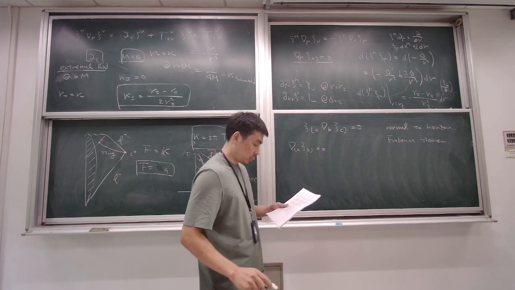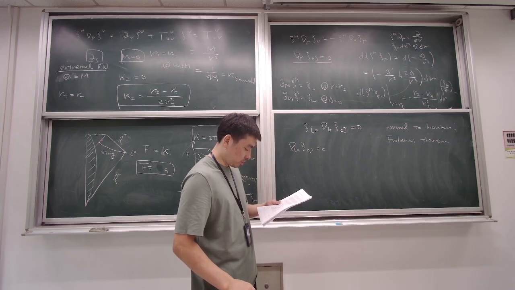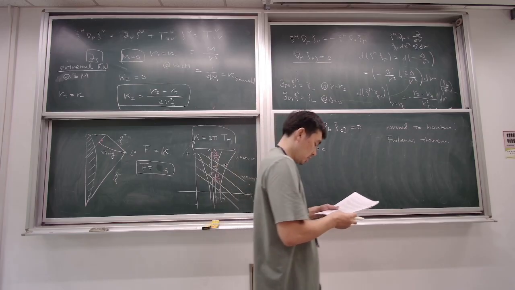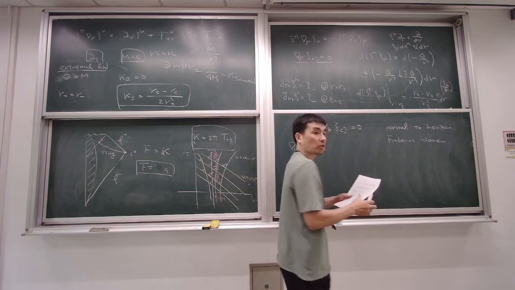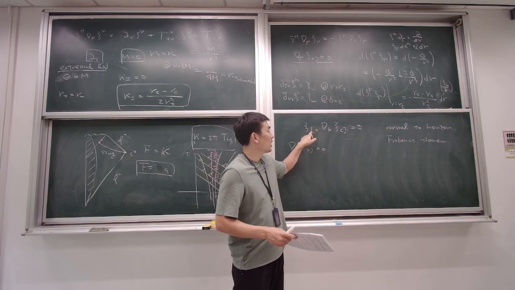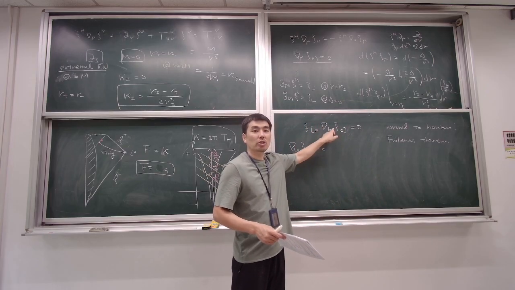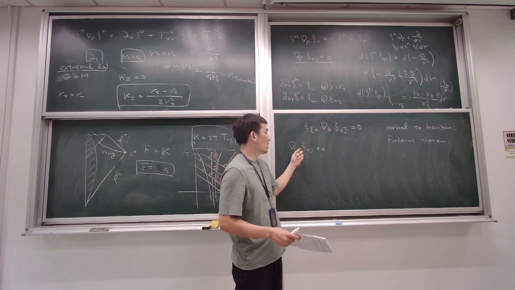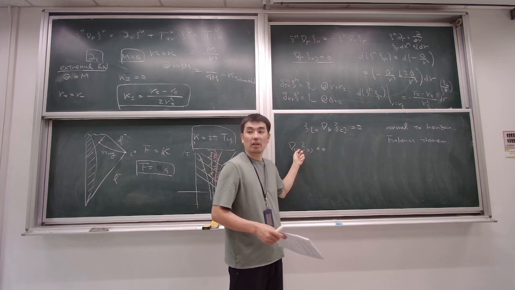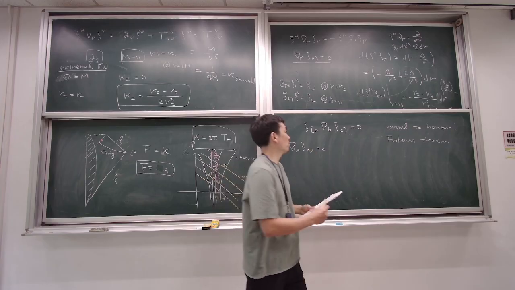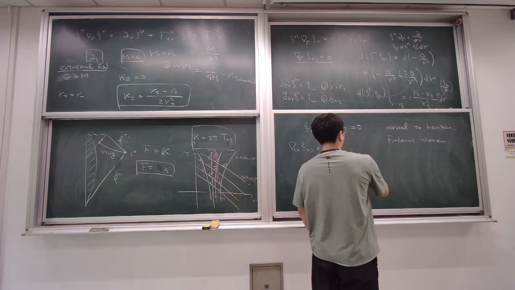Okay. And if you use this property, AB is equal to 0. Since C is a Killing vector, the Killing equation is satisfied. You know this notation, right? This is the totally antisymmetric notation, and this is the symmetric notation.